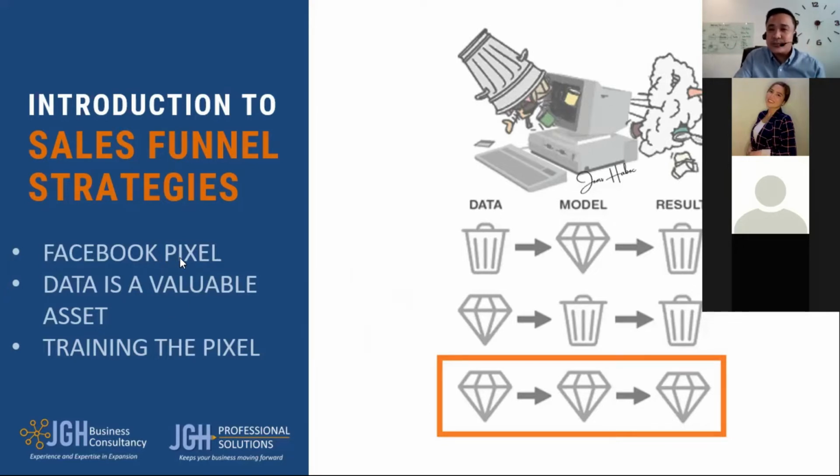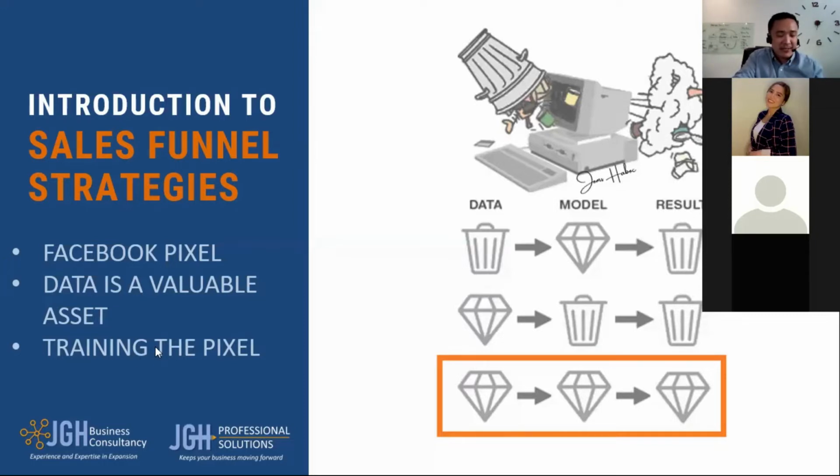Now, since we generate data, okay, very important is the type of data that we feed in the platform. Kahit sobrang dami ng data, okay, kung hindi relevant ang data na pinapasok natin sa system, sayang, masisira lang yung platform natin. So, the strategy is we train the pixel.